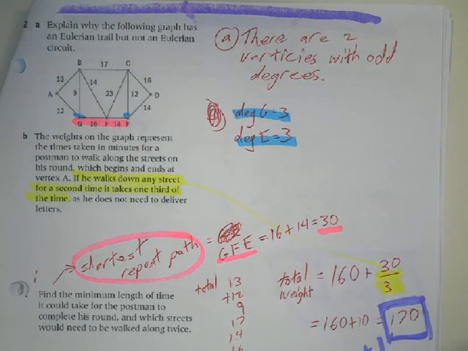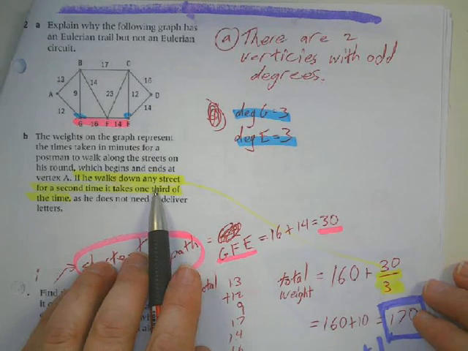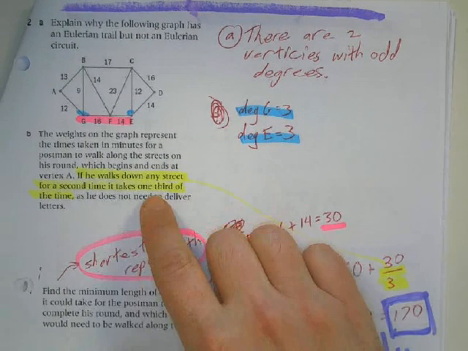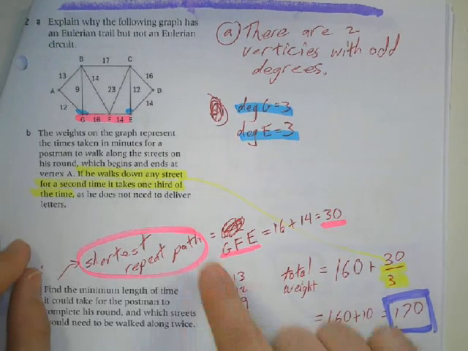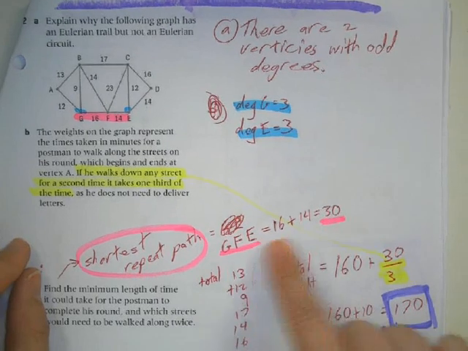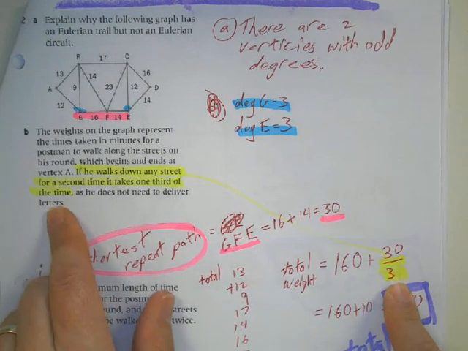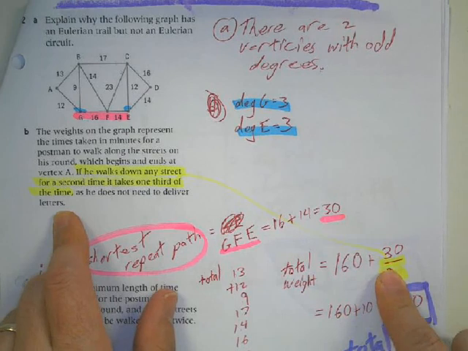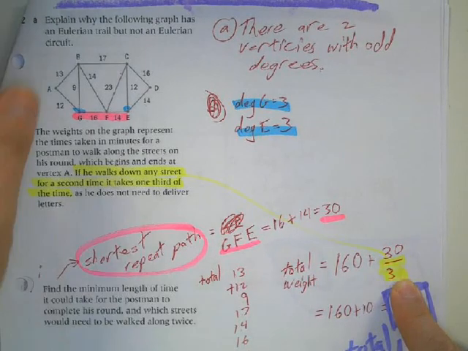But it says if he takes the short path a second time, it only takes 1/3 of the time. So this weight of the 30 gets divided by 3 since it only takes 1/3 of the time. Maybe hit pause and rewind and hear that again. So this extra short path is 30, and since it only takes 1/3 of the time to walk it, we're going to divide that part by 3.